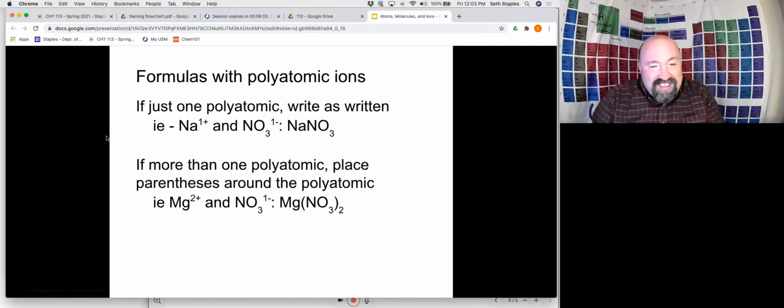So if it's a polyatomic ion, the same rules apply. We still want to balance out our positive and our negative charges. And you can still even use the crossover rule. Na1 plus and NO3, our nitrate ion with its 1 minus, 1 and 1. And so we would just simply write NaNO3.